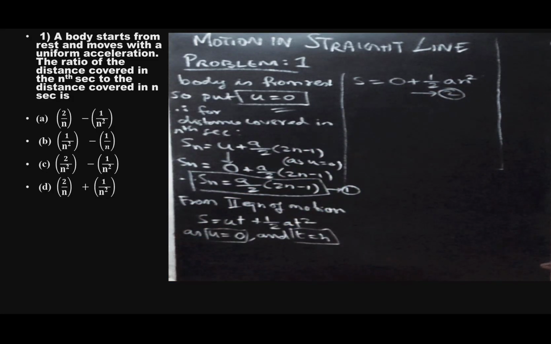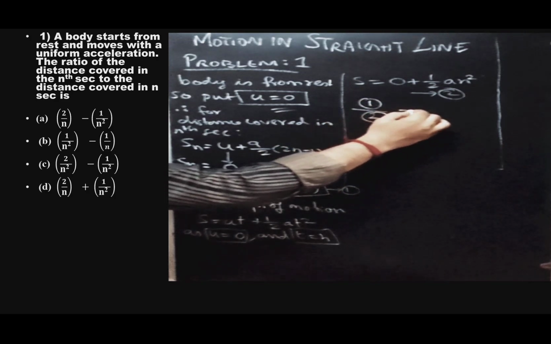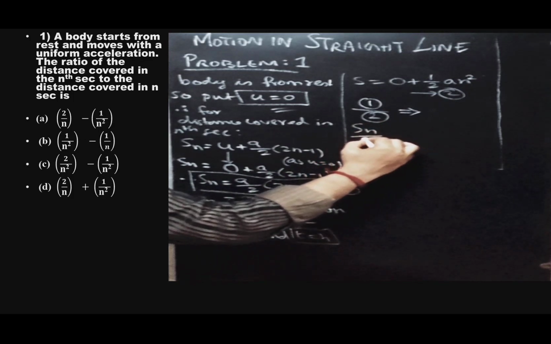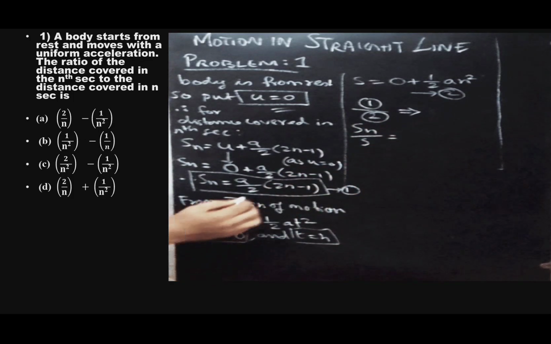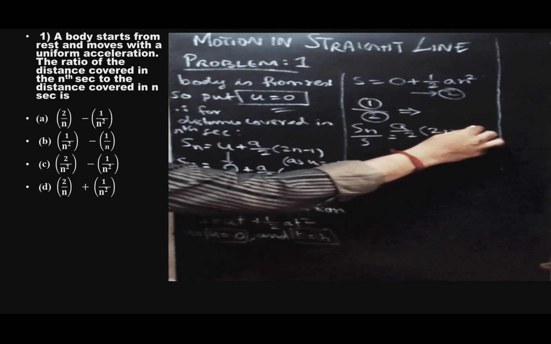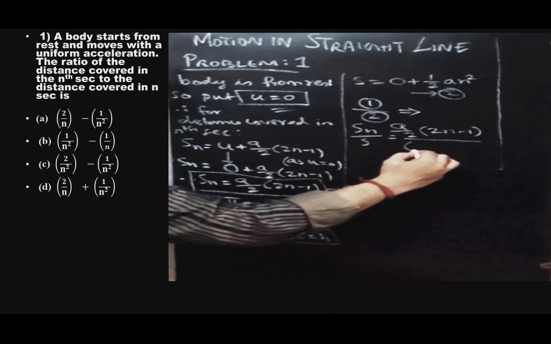Now if I divide both the expressions, I will get the ratio. Sn by S will be equal to a by 2 into 2n minus 1 divided by a n square by 2.